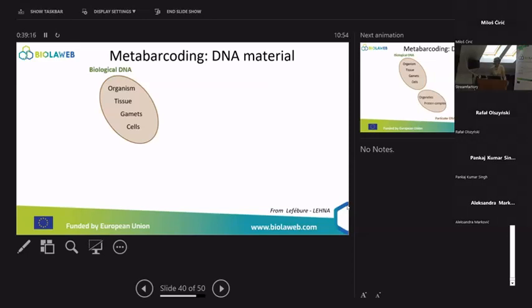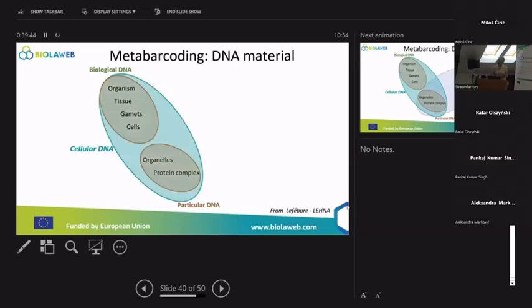So what's the material to do this DNA metabarcoding? You have biological DNA, which is in the organisms, in their tissues, in their gametes, in their cells. But you also have DNA that is in the organelles, which is just protein complex. And this can be inside a cell, or this can be outside a cell.